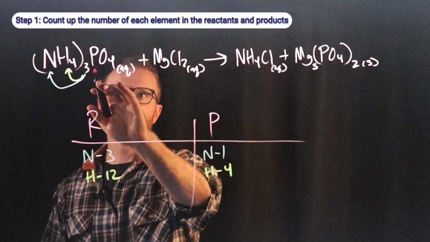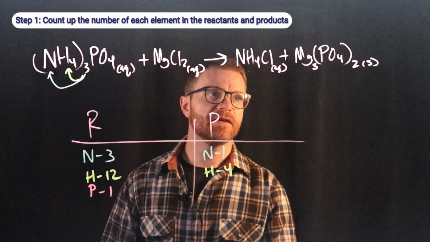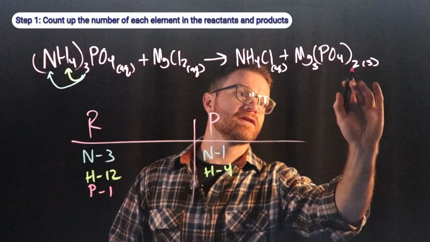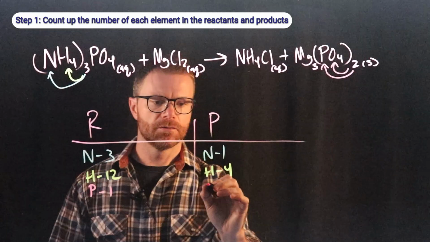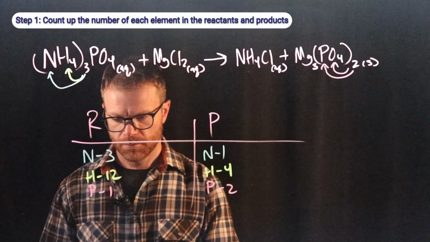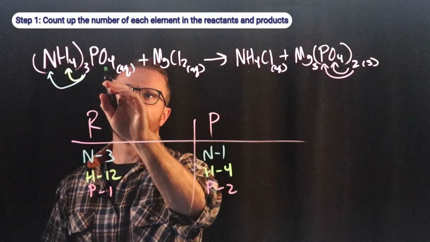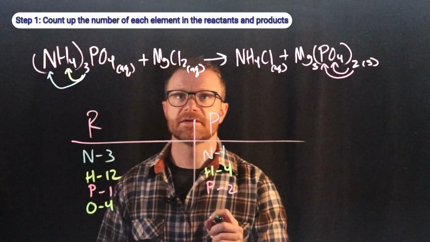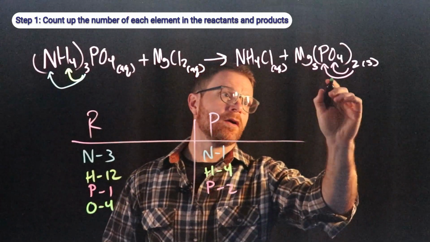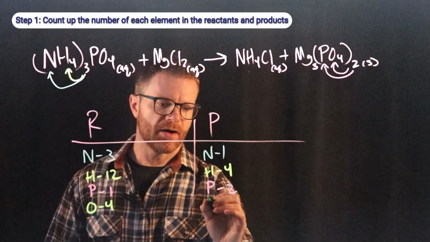Phosphorus, I only see the 1 in our reactants, and here I see 1 times 2 for a total of 2. Oxygen, O4, 4 in our reactants. Here, 4 times 2 for a total of 8 in our products.